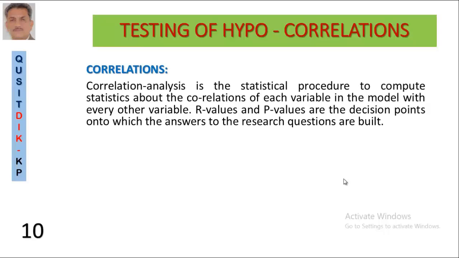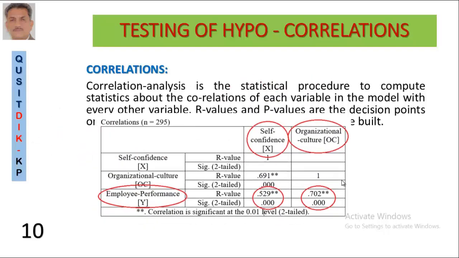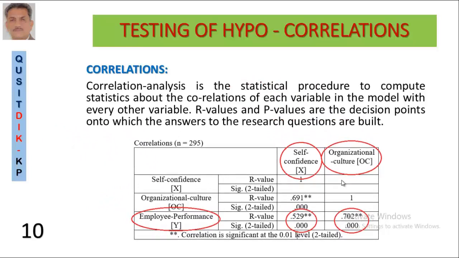Correlation analysis is the statistical procedure to compute statistics about the correlations of each variable in the model with every other variable. R values and P values are the decision points on which the answers to the research questions are built.